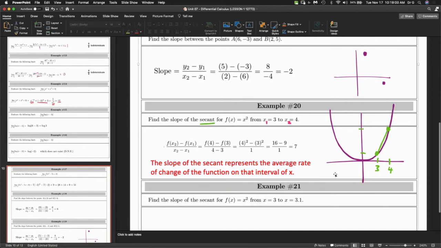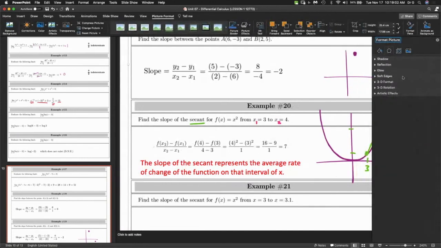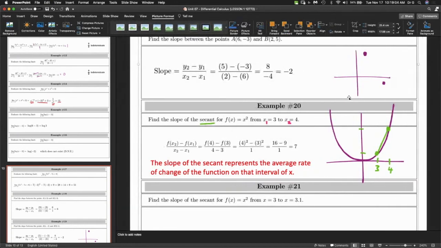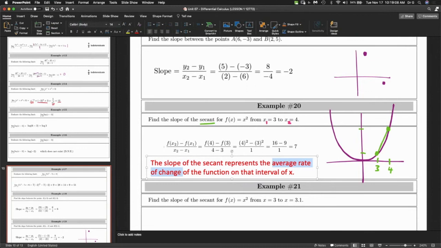So a footnote to this is that the slope that you just calculated represents what's called the average rate of change. Average rate of change is often called AROC. Who's heard of AROC before, maybe from a math teacher in high school?